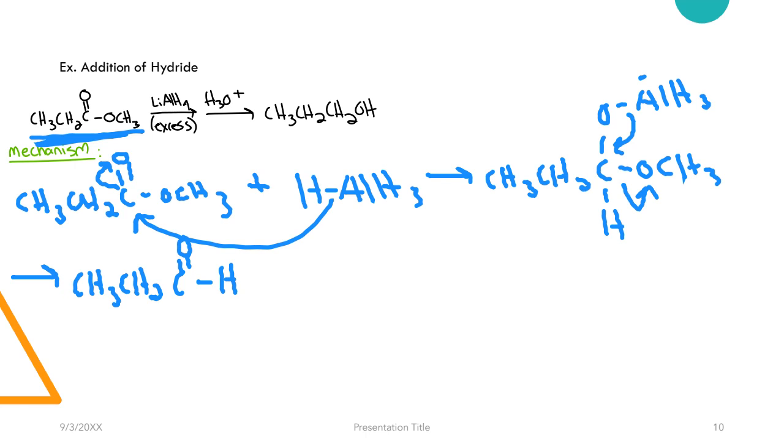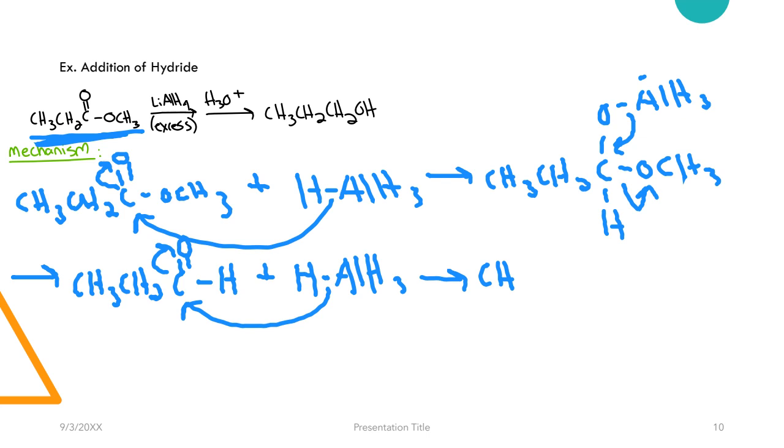So we end up with an aldehyde. And this lithium aluminum hydride was in excess, so it will react with more aluminum hydride. And then it'll react just like an aldehyde. So the hydride will attack the carbon, break the double bond. The aluminum will bond to the oxygen to help stabilize. And we add another hydrogen to that carbon.